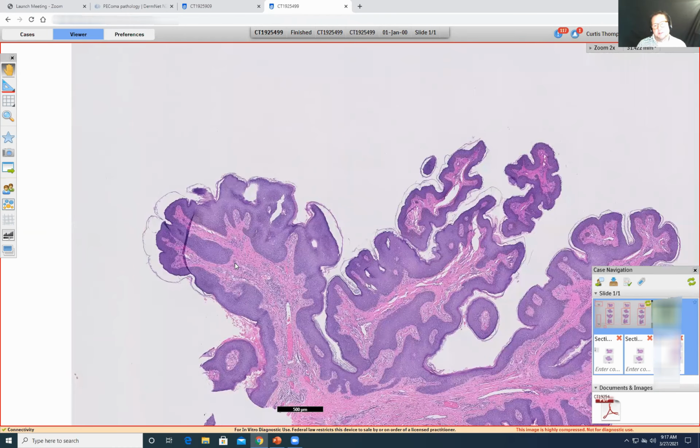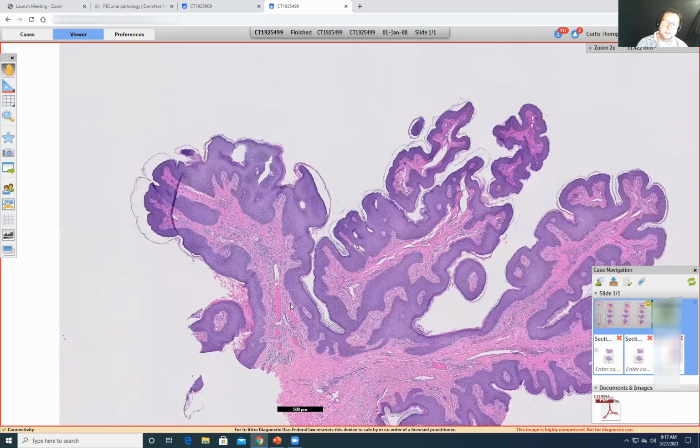So the concept here is an epidermal nevus involves only the interfollicular epidermis. It's on the surface of the skin, and an organoid nevus or a nevus sebaceous is a hamartoma that involves the adnexal structures. So follicular, eccrine, apocrine, duct-like. So you can see all these other components in the nevus sebaceous, in the organoid nevus.